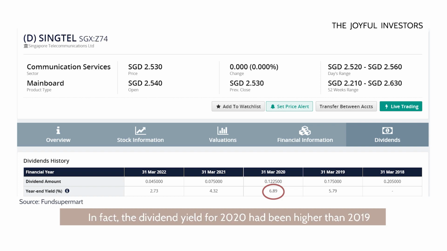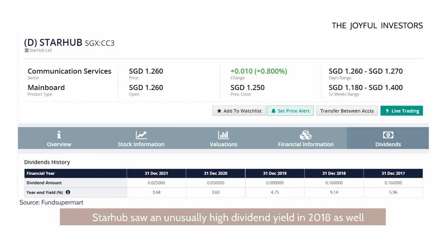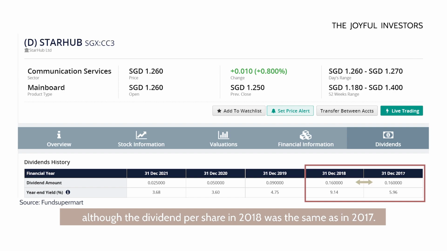In fact, the dividend yield for 2020 had been higher than 2019, but notice that the dividends per share in 2020 was actually lower than in 2019, as the higher dividend yield was due to the falling share prices. Another example, StarHub saw an unusually high dividend yield in 2018 as well, although the dividend per share in 2018 was the same as in 2017.